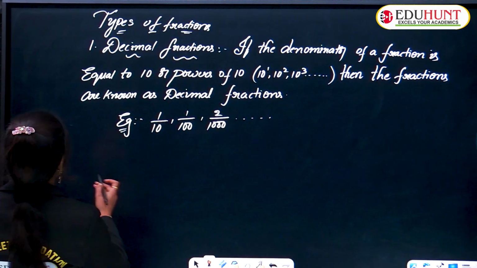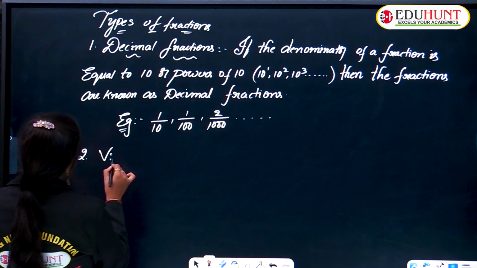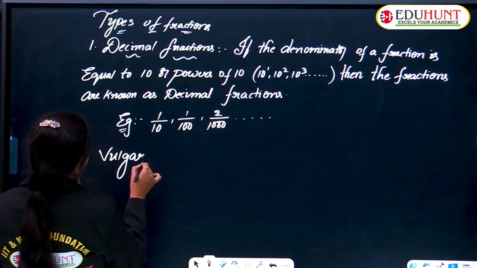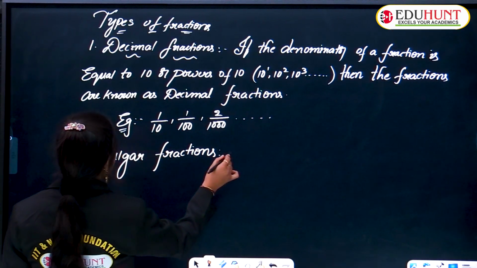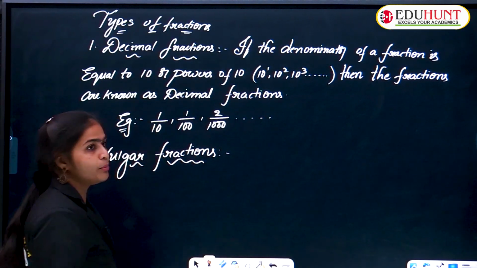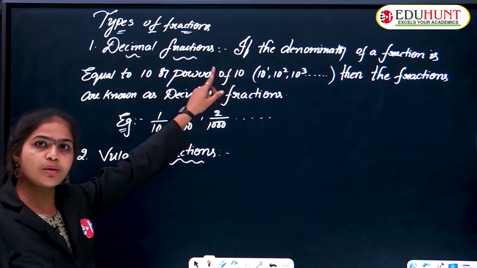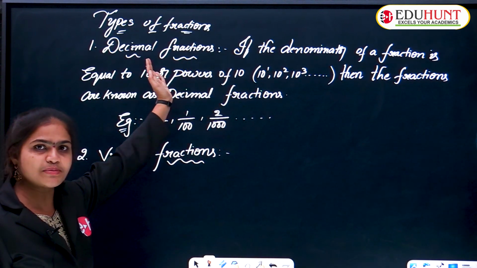Next, the second one, vulgar fractions. What about vulgar fractions? If the denominator of a fraction is equal to 10 or powers of 10, then we call them decimal fractions.